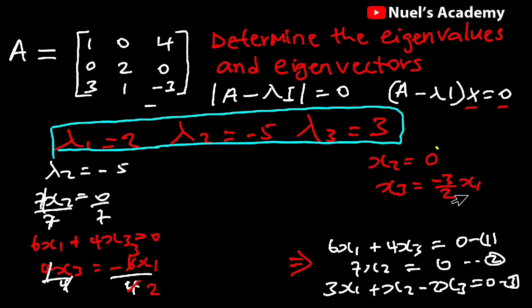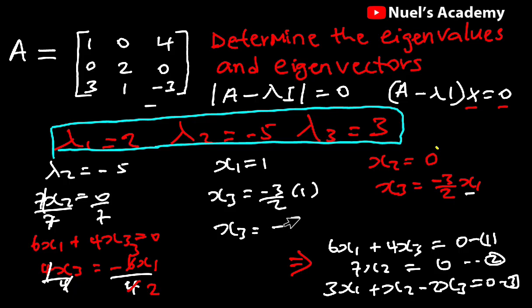Now let's set x1 to be equals to 1. If x1 is equals to 1, then x3 is going to be equals to minus 3 over 2 multiplied by 1. Then x3 is going to be equals to minus 3 over 2.